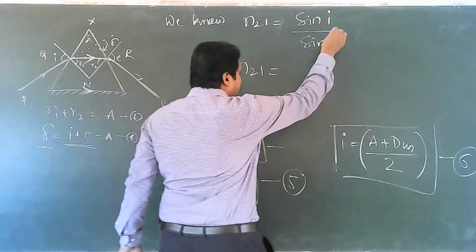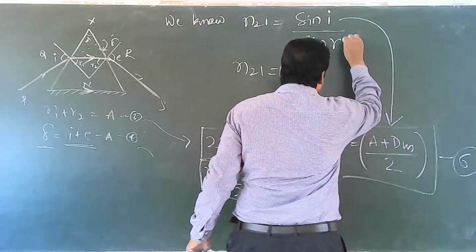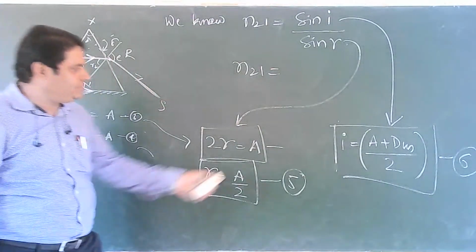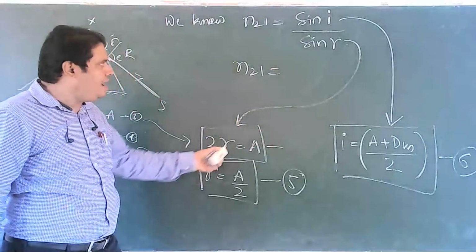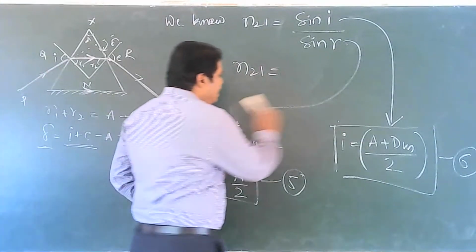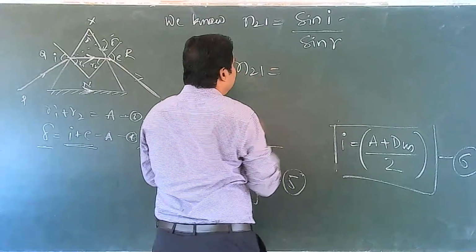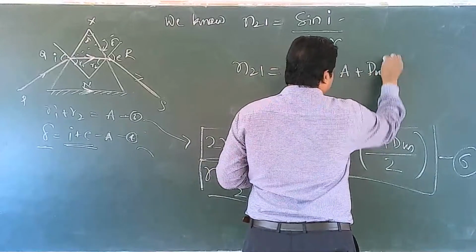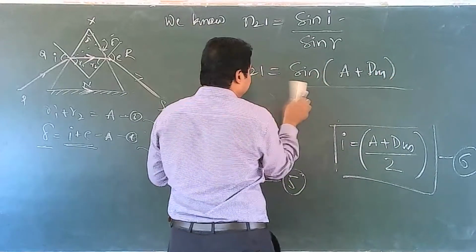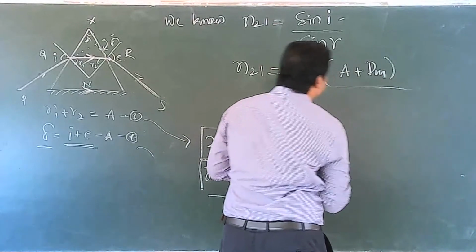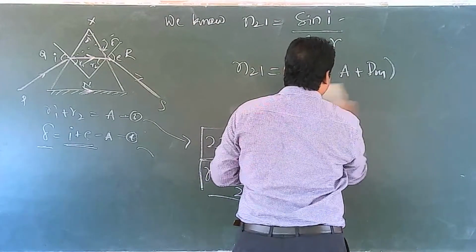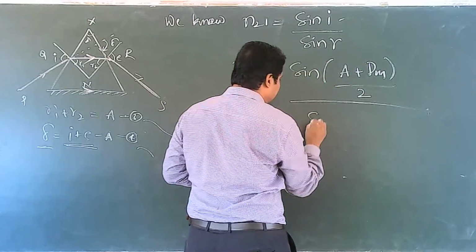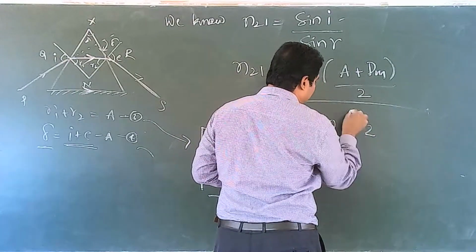Or n21 is equal to, let me put the value of I from this equation 6 and the value of R from equation 5. Hope you understand. And hence I will write n21 is equal to sin of (A plus dm) divided by 2, divided by sin A by 2.